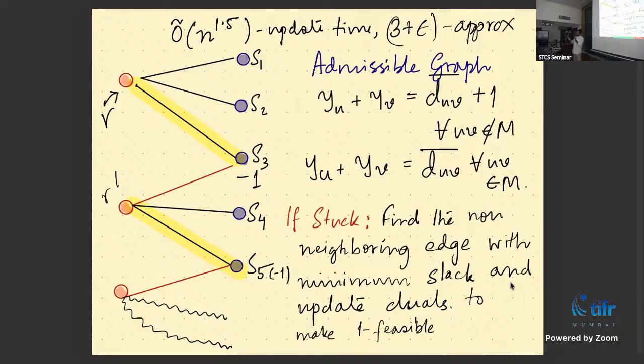The name is inspired by push-relabel style algorithms for finding a maximum flow. You push flow, and if you cannot, then you change the labels of the vertices. Those of you who are aware of these algorithms, this is exactly what we do. So now to answer your question, when this request arrives, pretty much all the edges will be like this. So you start by adjusting the dual so that at least one edge becomes admissible.